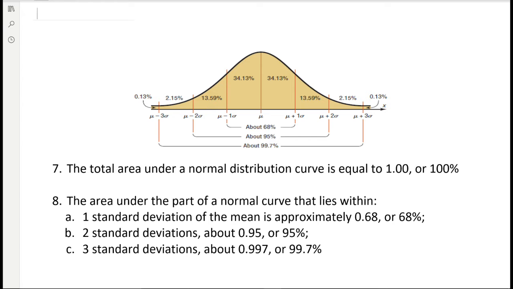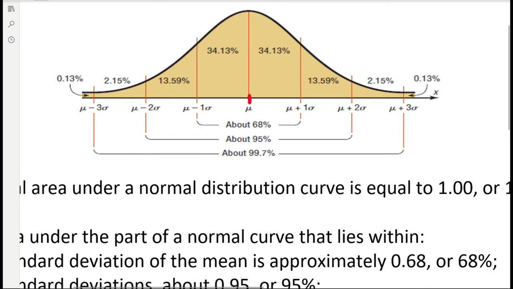Now, the area under the part of a normal curve that lies within one standard deviation of the mean is approximately 68%, which is given in the curve above. So if you look at here, this is the mean in the middle. And notice that this says that this is mu plus 1 standard deviation, mu minus 1 standard deviation. So we're going 1 standard deviation on each side, 1 sigma on each side, plus or minus.